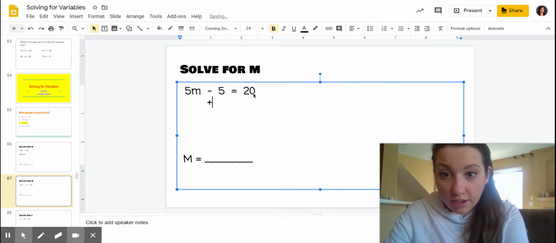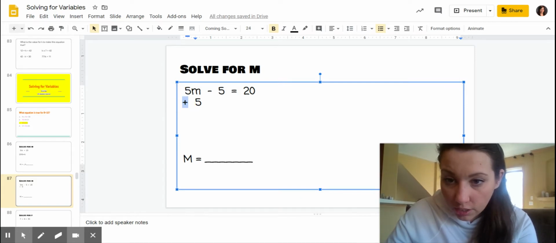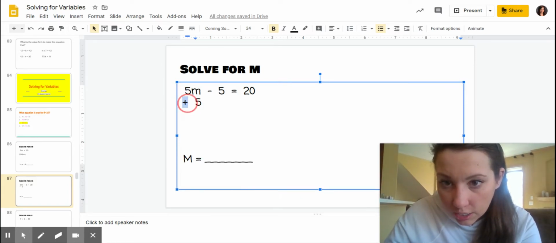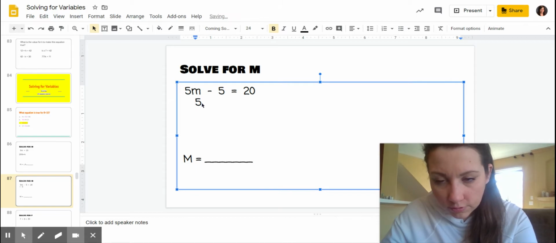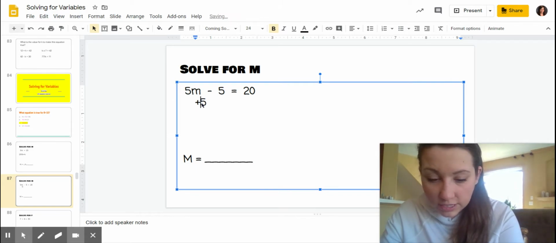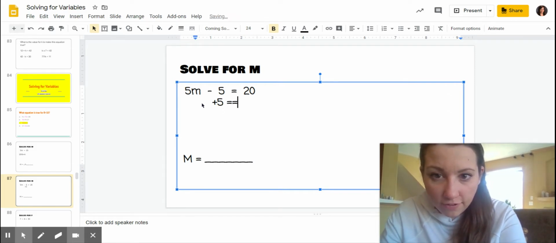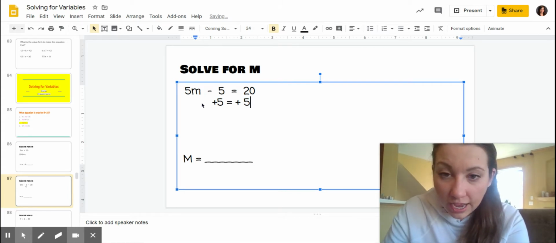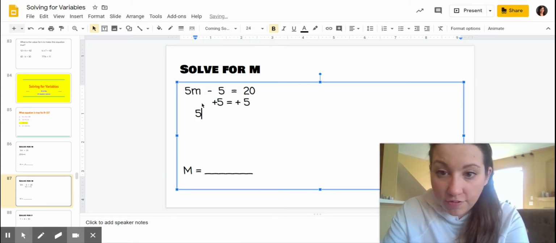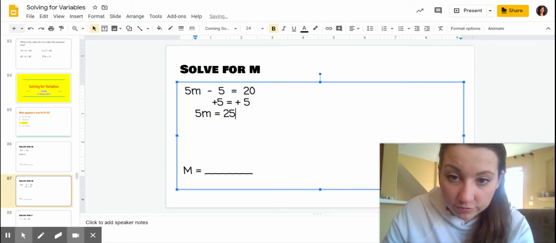For example, if I add 5 to this side and I add 5 to this side, I now have an equation that reads 5m equals 25.